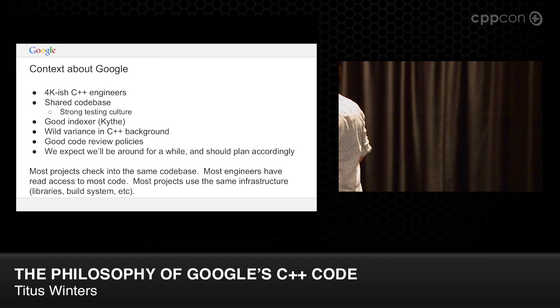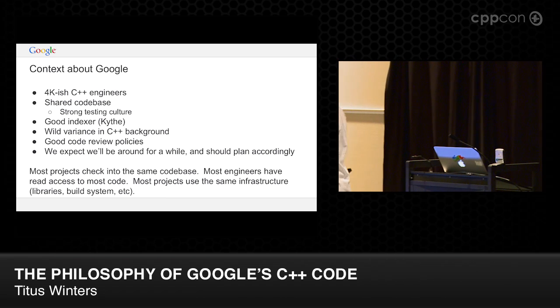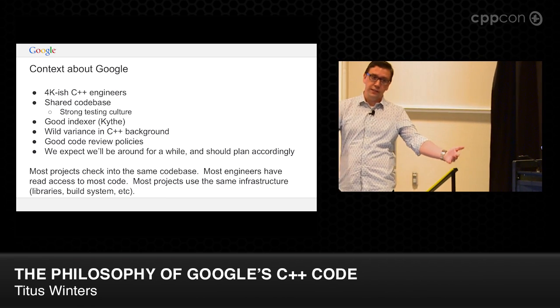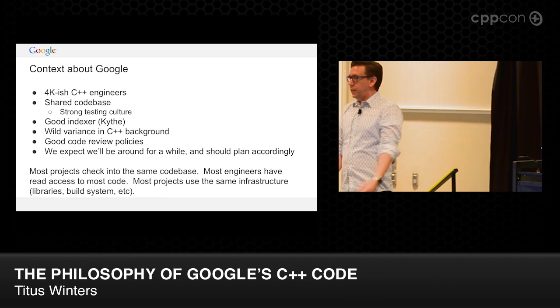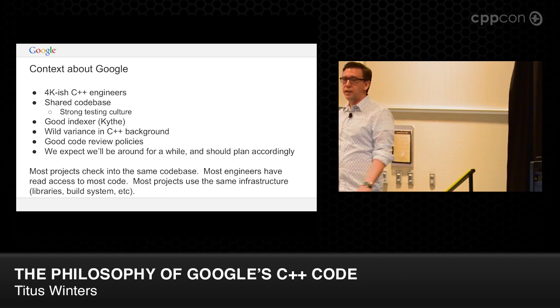Another important piece to be aware of is that there is a wild variance in C++ background. We hire a lot of engineers. We hire a lot of talented, yes, new grads, but I don't see a lot of university programs that focus a lot on C++. I would love to be proven wrong on this.